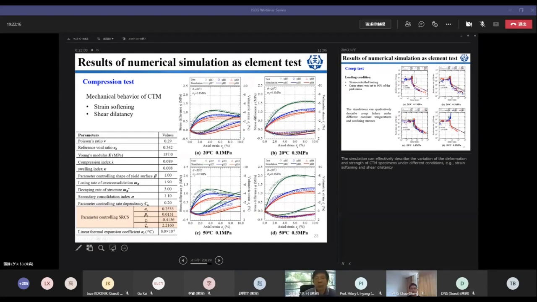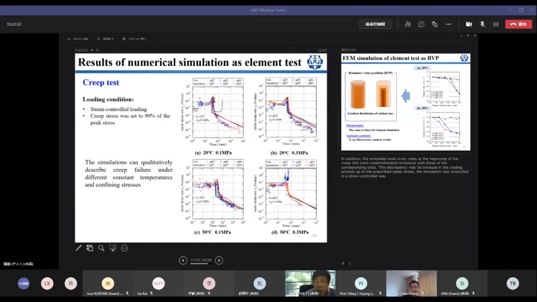So by this treatment, we can see the simulation is quite good, can describe very nicely, quantitatively, the behavior of the soils. And also some creep behaviors. Here I should emphasize that for all parameters used, all these tests just use one set of the constitutive model parameters. So we can say they are real material parameters, not fitting parameters.